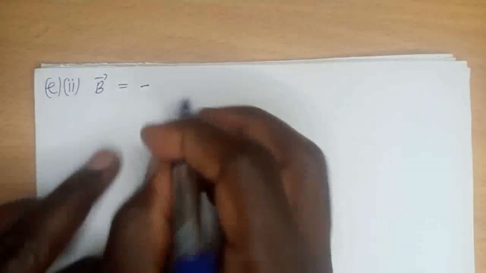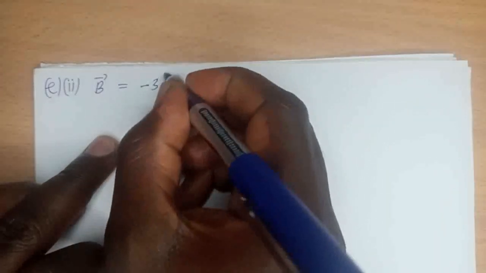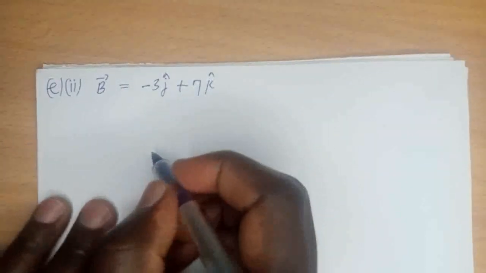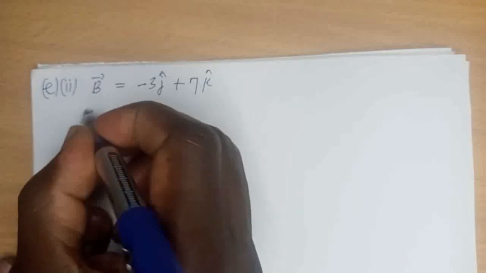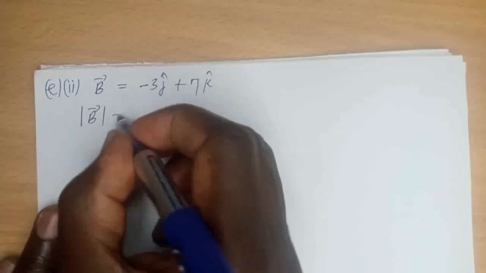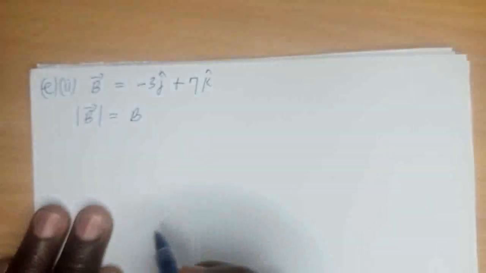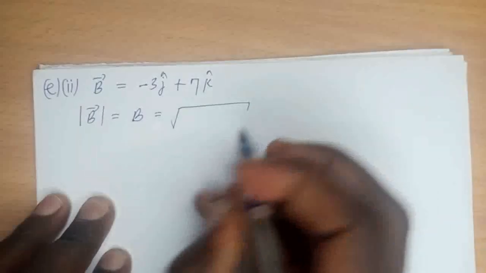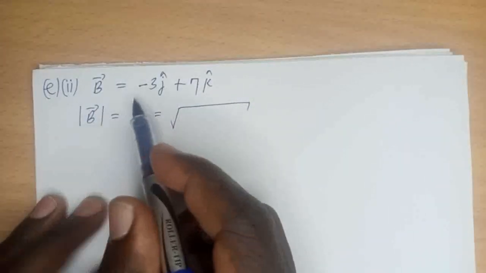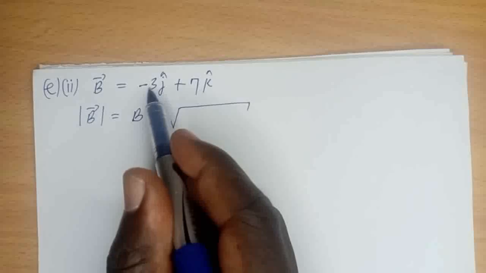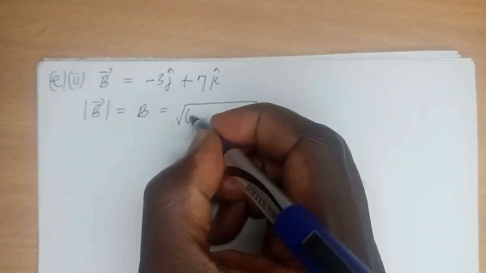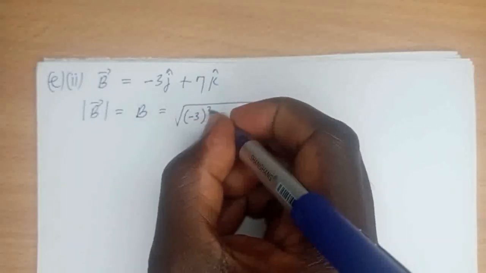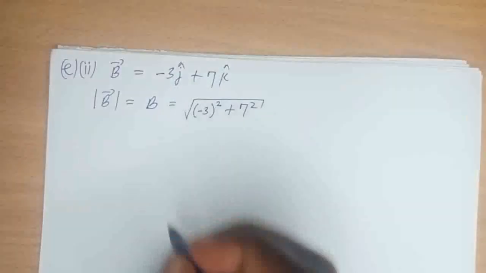It is minus 3 j cap plus 7 k cap. So my magnitude of B, written as this, or just B without the vector arrow, is equal to the square root, and because I don't have a component along x, I only take what I have here. Remember, if it is negative, always open bracket: minus 3 close bracket squared plus 7 squared.